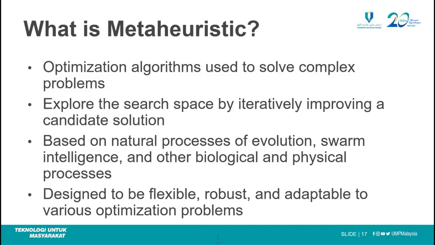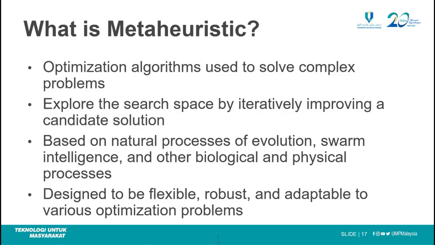It is an optimization algorithm used to solve complex problems. It explores the search space by iteratively improving a candidate solution. Okay, so it is based on natural processes of evolution, swarm intelligence, and other biological and physical processes.